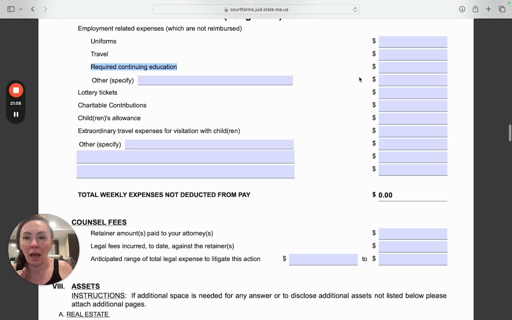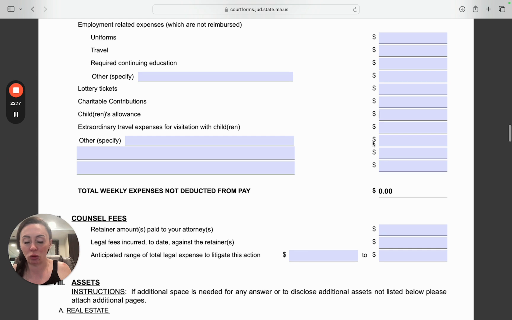Moving along, down into the section employment-related expenses: uniforms, travel, expenses that are not reimbursed, all get listed out. Lottery tickets, charitable contributions, children's allowance.